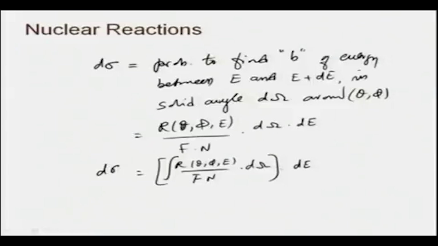This will give the number of type B particles coming out with energy around E anywhere around the scattering nucleus, the potential scattering center. So, we have to integrate over the angle.